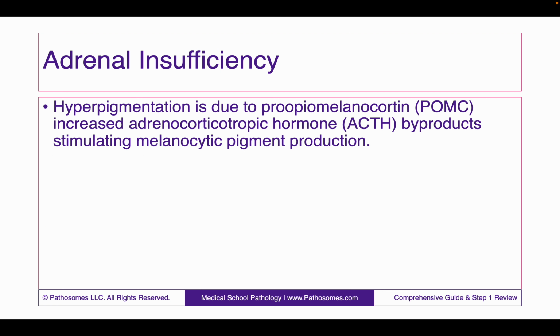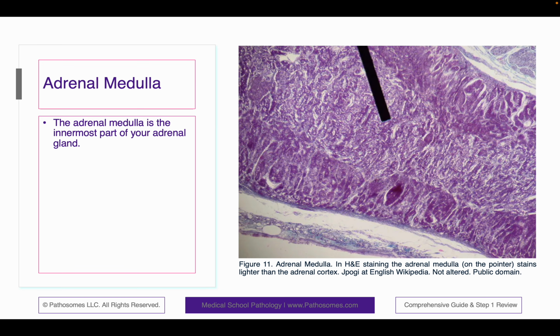Hyperpigmentation is due to proopiomelanocortin, POMC, being increased and adrenocorticotropic hormone byproducts stimulating melanotic pigment production. Now let's talk about the adrenal medulla.